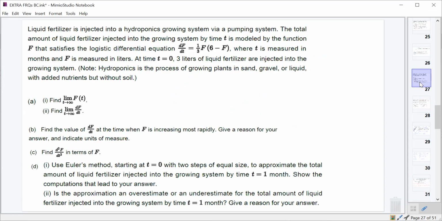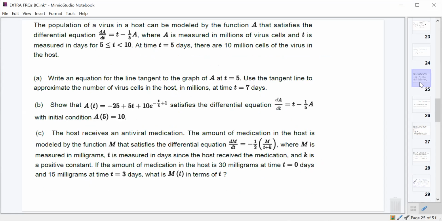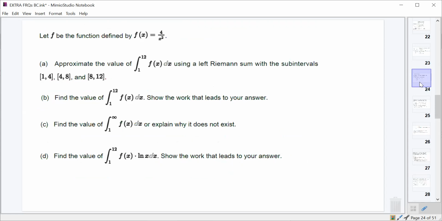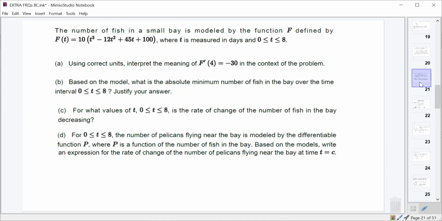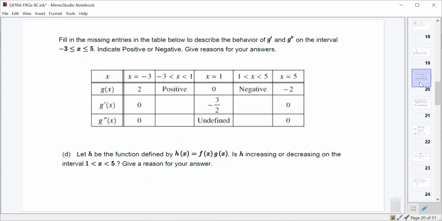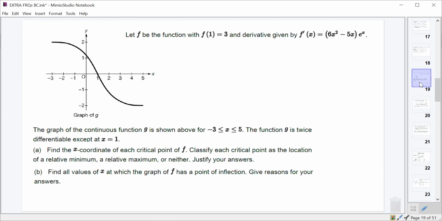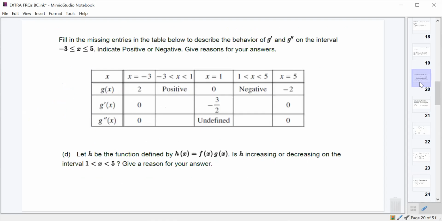Let's see here. Tricky related rates. Like actually related rates, or just a rate FRQ in general?